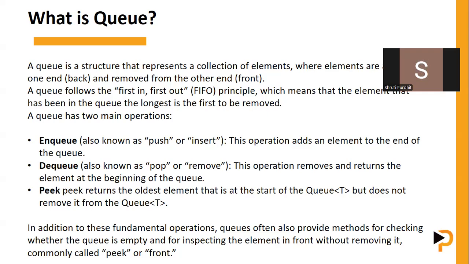In addition to those fundamental operations, queues often also provide methods for checking whether the queue is empty or not, and for inspecting the element in front without removing it, commonly known as peek or front. So we covered that operation in this bullet. In other words, it works like a real queue of people waiting in line, where whoever enters the queue first will be served first.